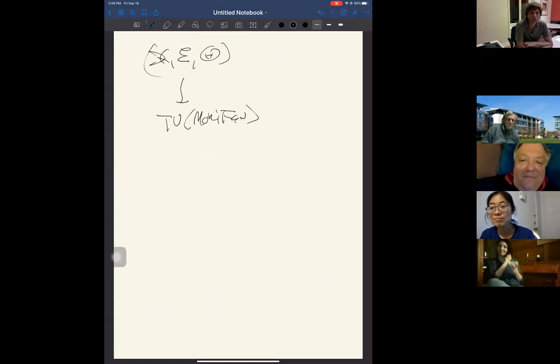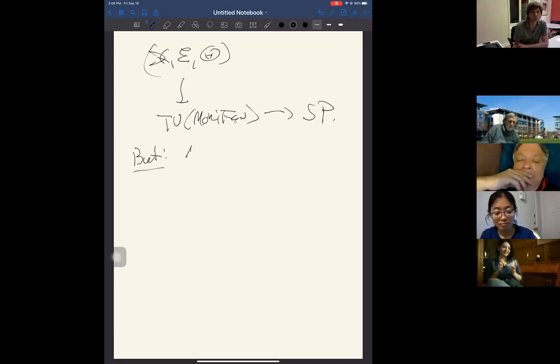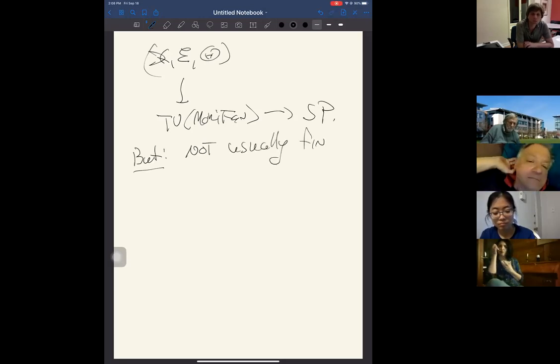So we assume that the fibers are stable. That gives me a map to the moduli of stable pairs. But bad news, it's not usually finite. Why is it not finite?